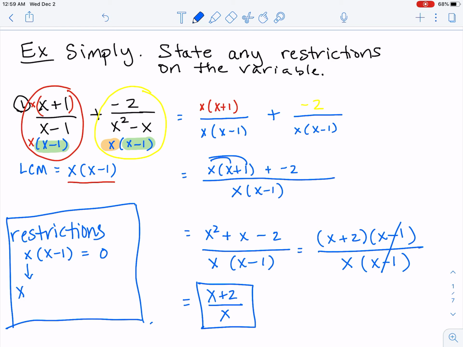Well, it equals 0 at x equals 0 and x equals 1. So what are the restrictions? x can't be 0, x can't be 1. Those are my restrictions right there. Okay? All right, so that was our first example. We've got many examples.